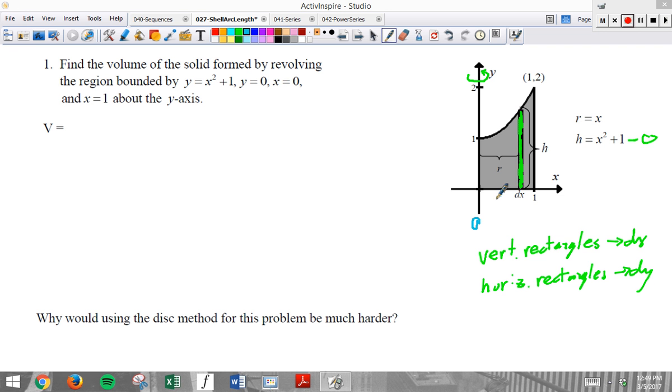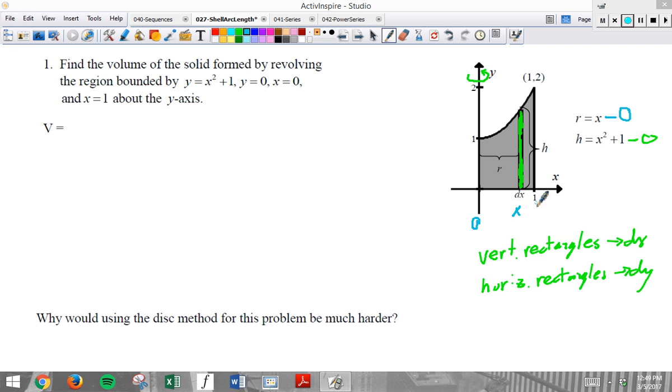It's variable. Its x-axis variable is x. So it's x minus 0. Tall rectangles will almost always have x as the location of the rectangle. A horizontal rectangle will always have its location in terms of y. Okay?